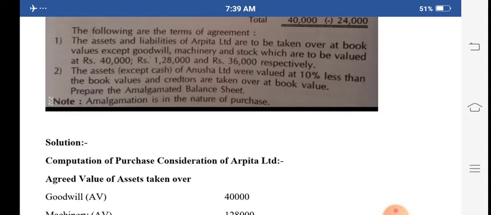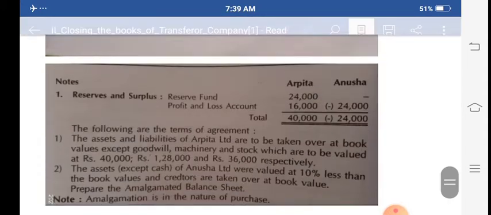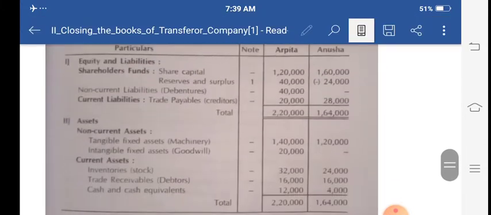Whatever assets Anusha Limited has are taken over by Akshay Limited, but the agreement is that the assets, except cash, were valued at 10% less than the book value.